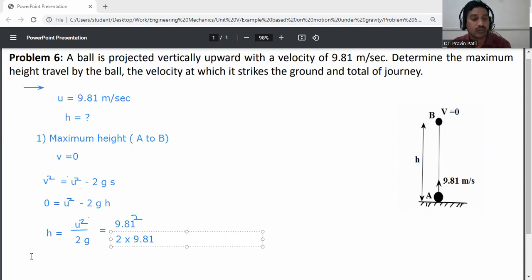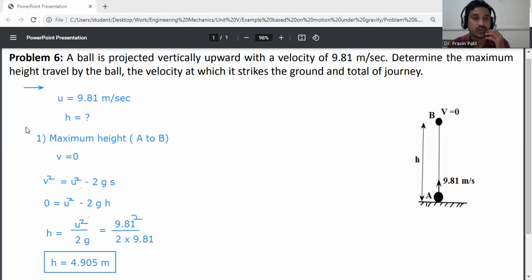From this we get the total distance traveled by the stone from A to B. That is 9.81 square divided by 2 into 9.81, which is 4.905 meters. So the total height traveled is 4.905 meters.